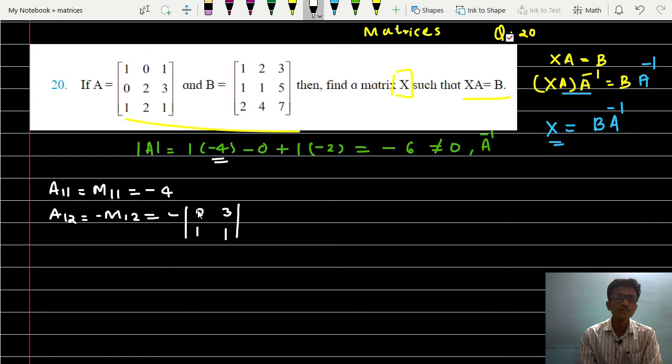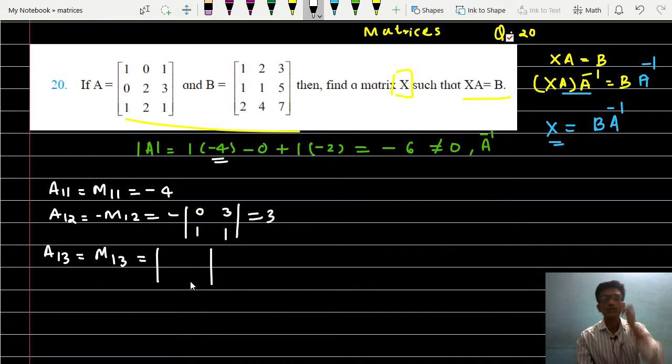Its expansion is 0 minus 3, so minus of minus 3, that is 3. Then A13 is equal to M13, the value of the determinant leaving the first row and third column: 0, 1, 2, 2. Its expansion is minus 2.